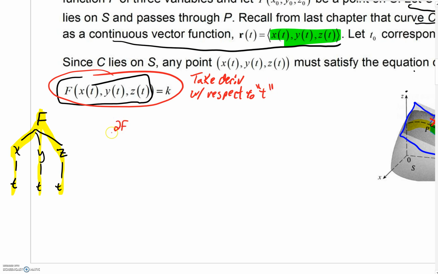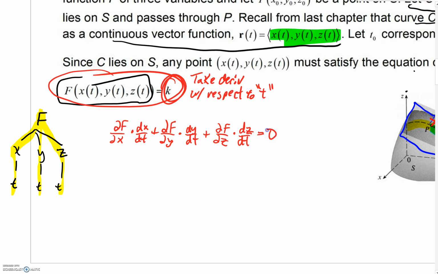We'll have the partial derivative of f with respect to x times dx/dt, plus the partial derivative of f with respect to y times dy/dt. And then plus, what else? We've got the partial derivative of f with respect to z times dz/dt. And of course, the derivative of the right side with respect to t is going to be 0.